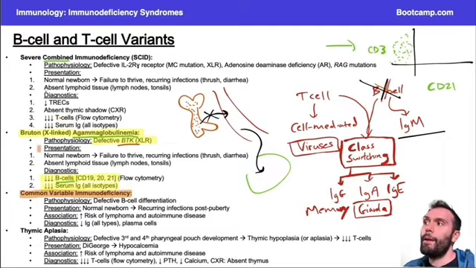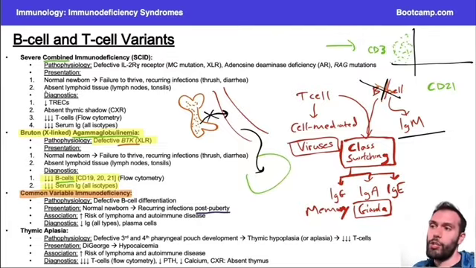But when you're talking about Bruton's and common variable immunodeficiency, the presentation actually can be relevant in that common variable immunodeficiency tends to be less severe. So these patients will typically present a little bit later in life, usually post-puberty. The classic age range for questions is between 20 and 40 years old.